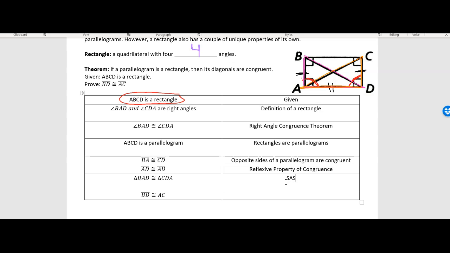If we know that these triangles are congruent, we can say that corresponding parts of these triangles are also congruent, like BD. So we've got BD, let's do that in pink.